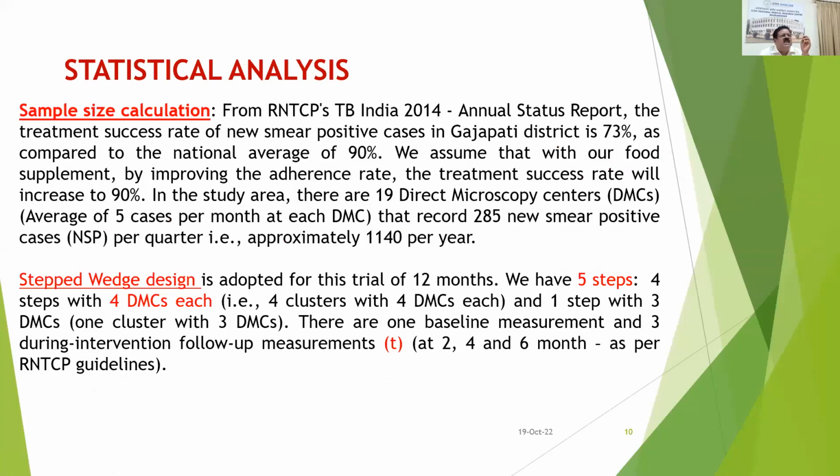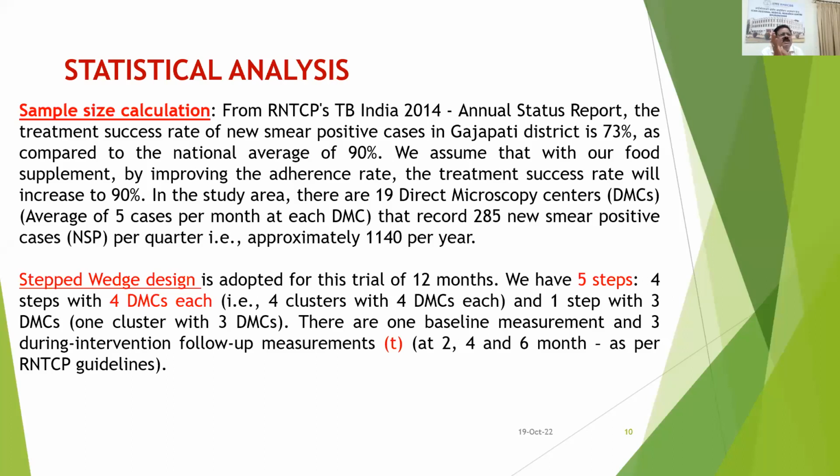So for the statistical analysis, you see the sample size is determined. First we determine the number of cases we will be getting per DMC and per year in the entire district. So in that district, what we found from the 2014 annual status report of the RNTCP TB India report is that the Gajapati district is at 73% as compared to the national average of 90.